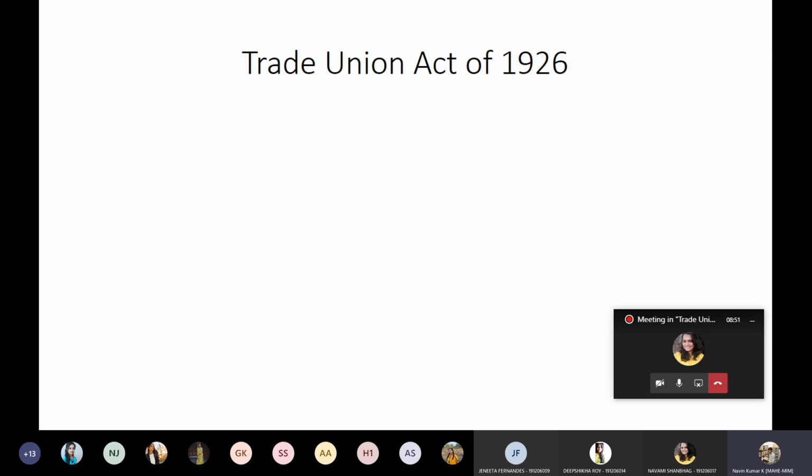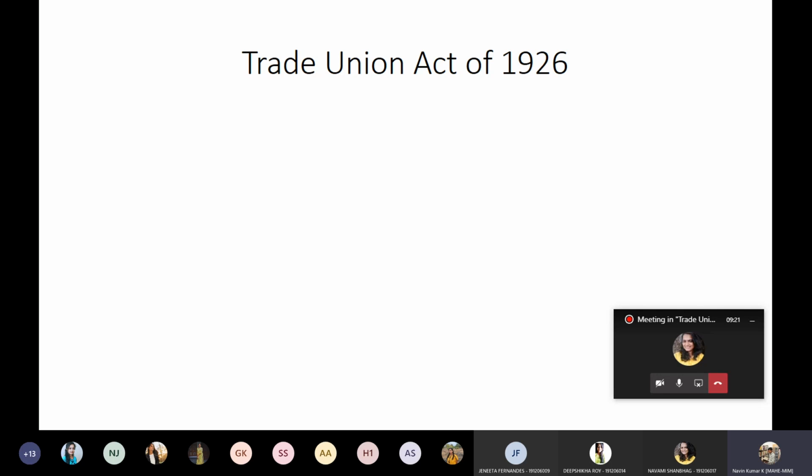We also discuss Sections 15 and 16 of the Act, which deal with the political fund and general fund. Why the political fund should be maintained, for what purpose general funds can be used, for what purpose the political fund can be used, and those parts we'll discuss in the Trade Union Act of 1926. I think in one or two sessions we can complete the discussion on the entire Act, in case you cooperate.